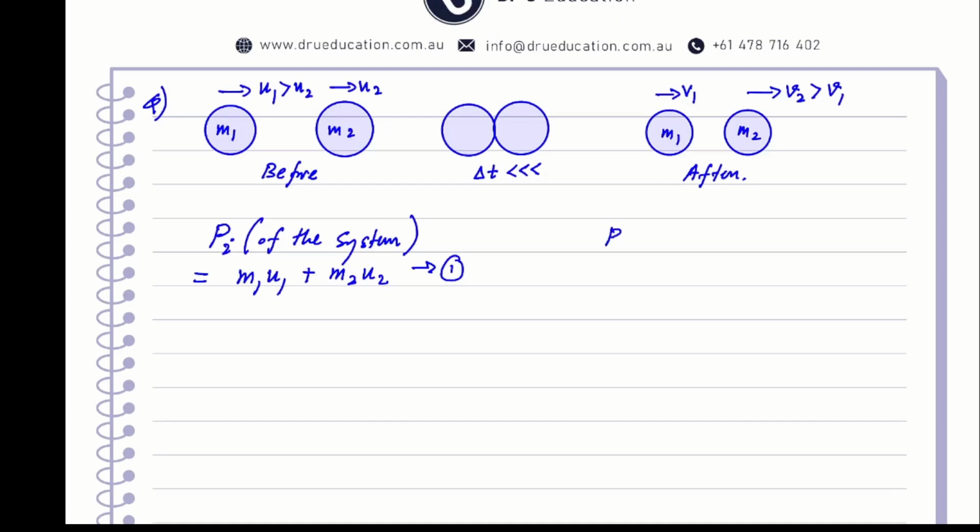Then p final for the system, for this whole thing, would be m1 v1 plus m2 v2. Okay, so if you think about the whole system, there are no applied external forces; they are just moving and the collision is happening.